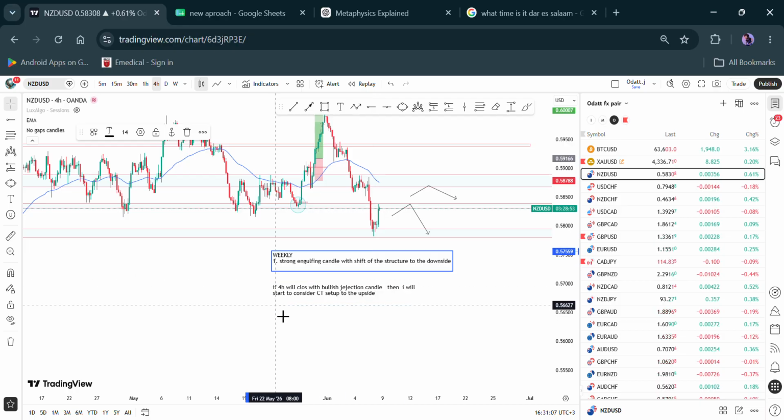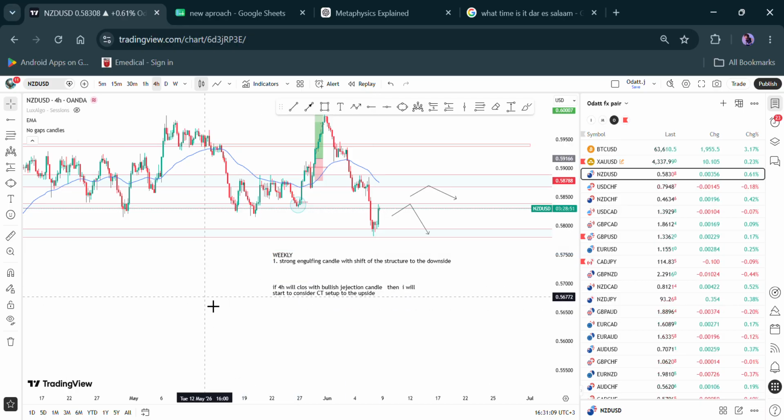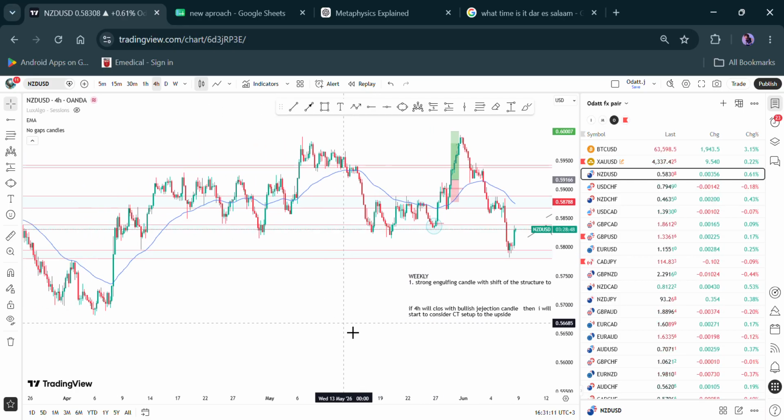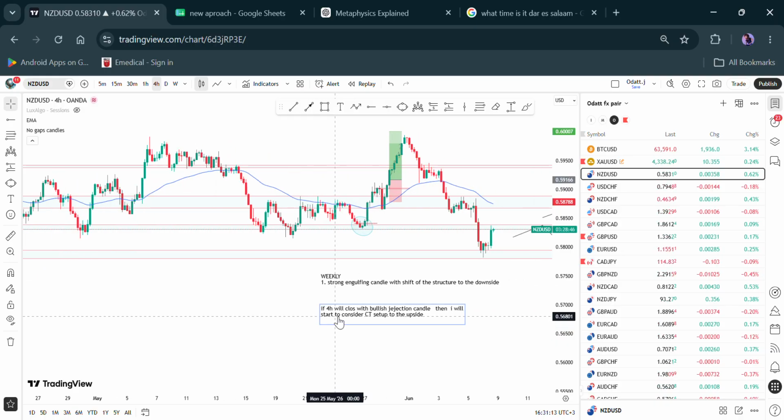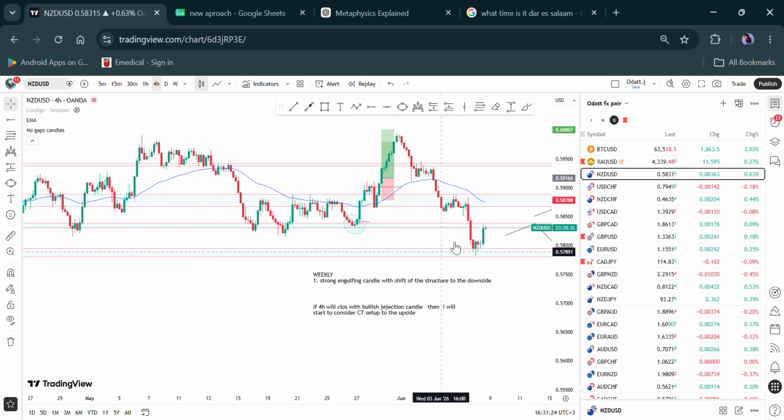The same thing happened over here, where around 4 a.m. we have that bullish rejection, but I didn't take this trade because one criterion was missing in my counter trade checklist. For me to take a trade, I need the 1 hour to shift the market structure.